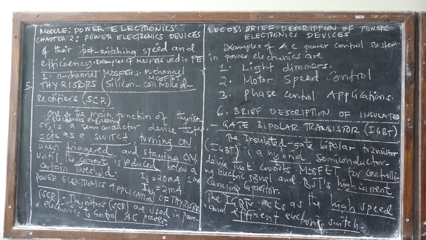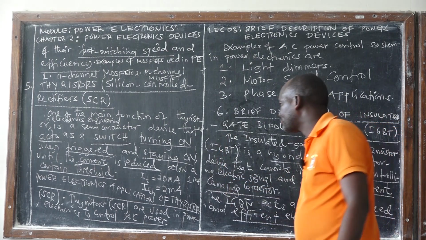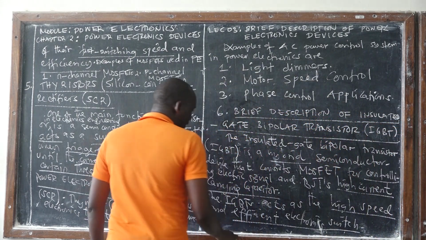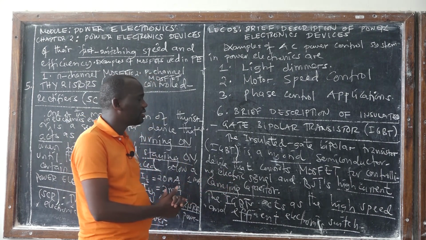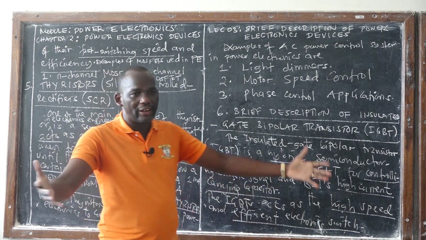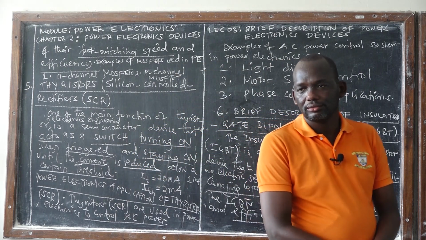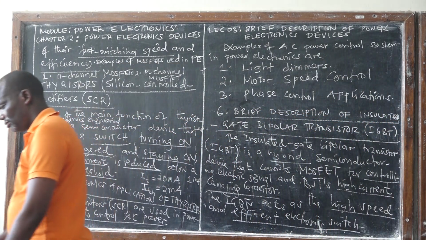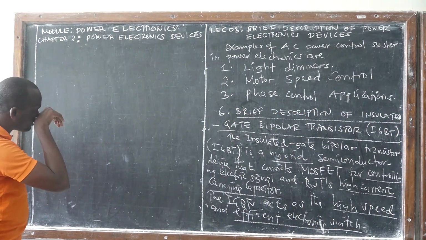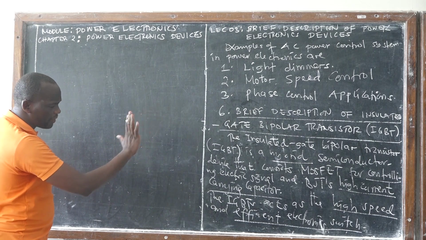Okay? So you have to broaden your knowledge of electronics. We are going to discuss now how we are using the IGBT in power electronics. So you can write. We are still using a brief description of the insulated gate bipolar transistor because of the time.